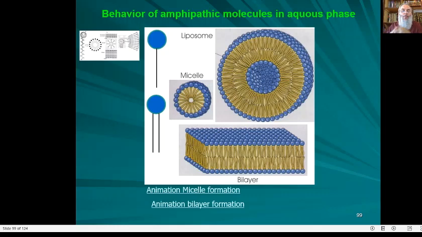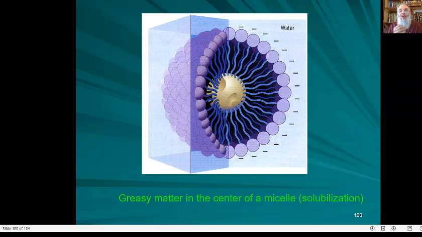When we use soap, water becomes turbid. Turbidity of water after using soap is because of the micelles, the spherical and microscopic structures that correspond to this one. The greasy matter that may be present on our hands is removed by being sequestered, imprisoned in the center of the micelle.